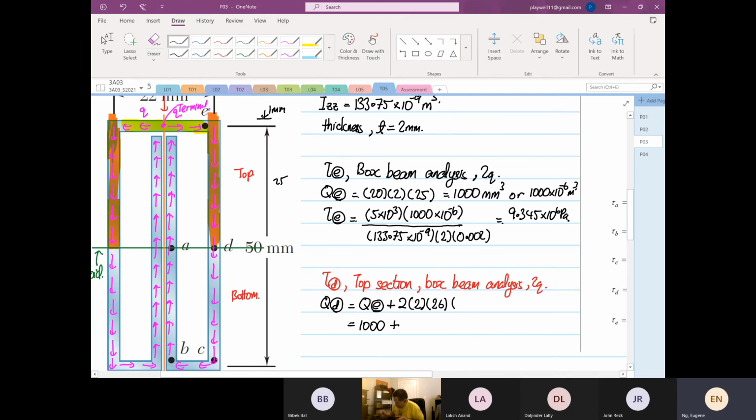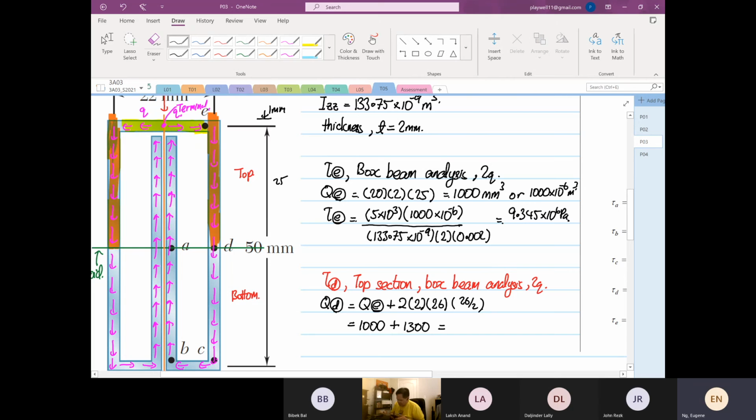It's not 25, it's y bar, 25 divided by 2 times 26 times 2. Sorry, it's not 25. It has to be 26, because you have to take the entire length and divide by 2.